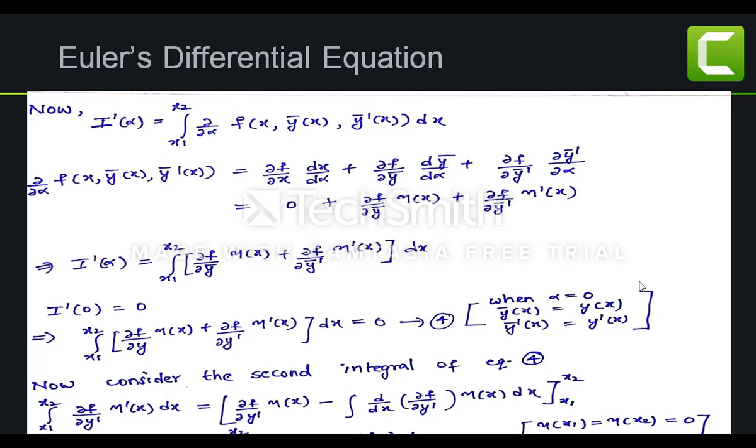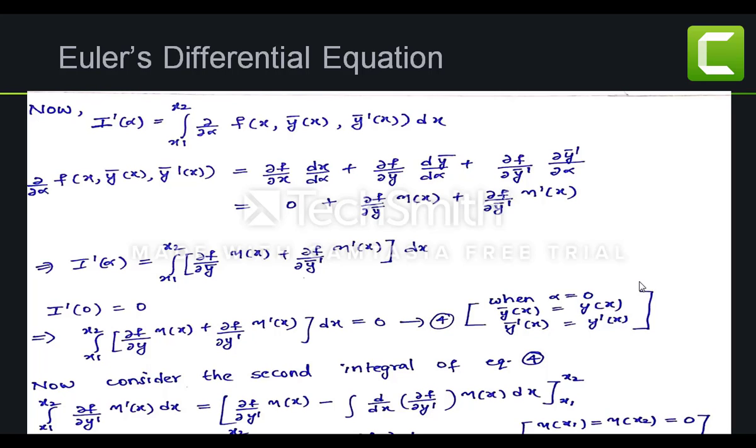Now we will simplify this equation number 4. We will take only the second integral here, and we will use the integration rule. So consider the second integral of equation 4: integral x1 to x2 ∂f/∂y' η'(x) dx. Consider ∂f/∂y' as the first function and η'(x) as the second function.